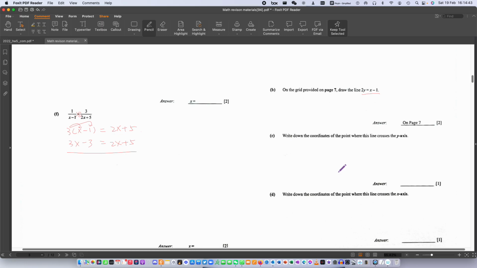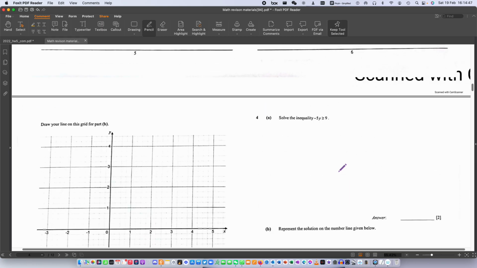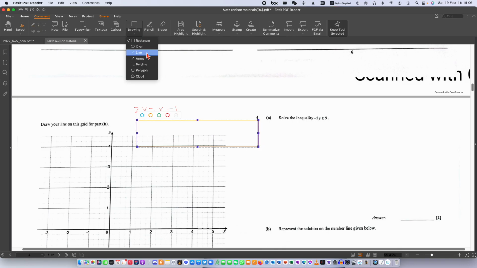Correct. So what table do you give yourself? X plus 1 or minus 1? The question says x minus 1. So what table do you give yourself?